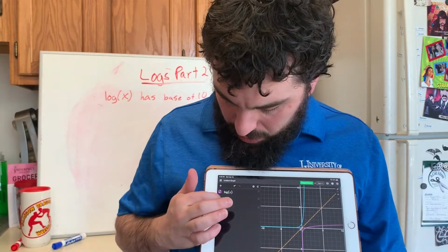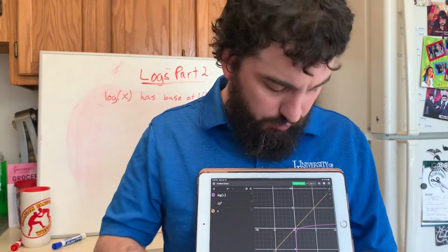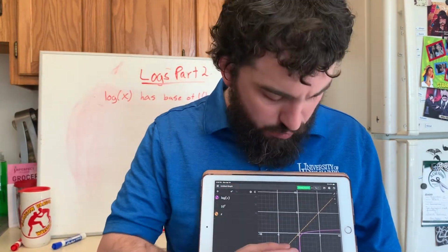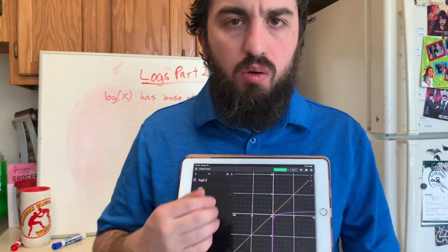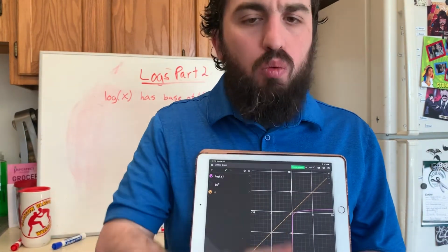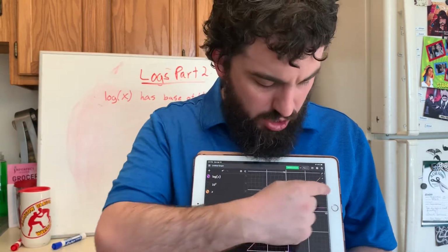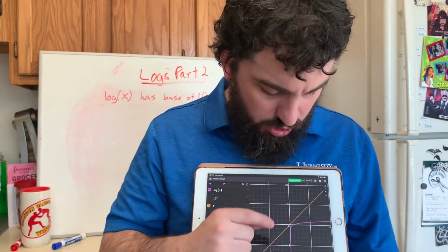Right now, I'm just going to look at the purple graph, the log graph. The log graph has a vertical asymptote at the line x equals 0. That means on the y-axis, there's a vertical line that goes up and down that this graph will approach but never cross.